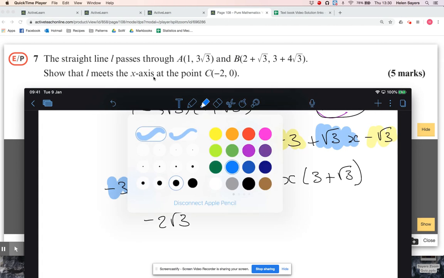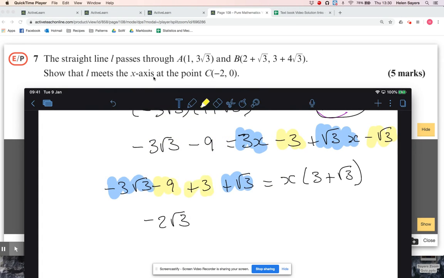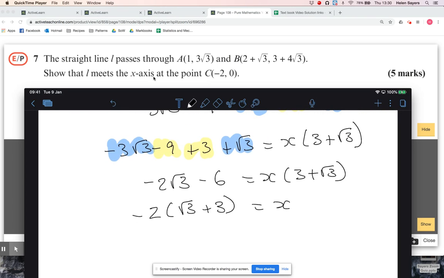I've got minus 9 plus 3, so minus 12. Sorry, that's not minus 12 in the slightest, is it? That's minus 6. Okay, that's better. So if I take out a common factor of minus 2, that gives me root 3 plus 3. So actually I've managed to get away without having to rationalise the denominator.